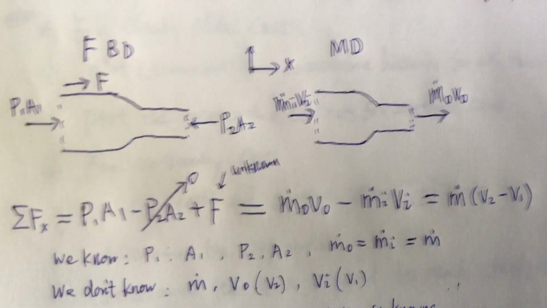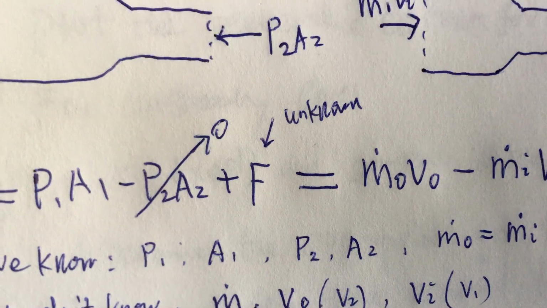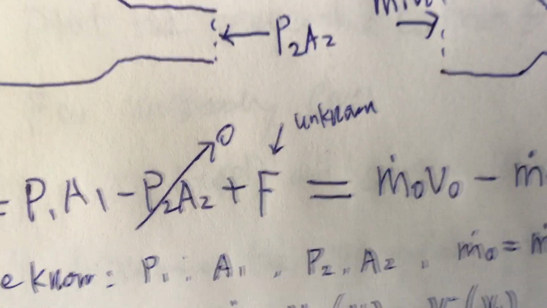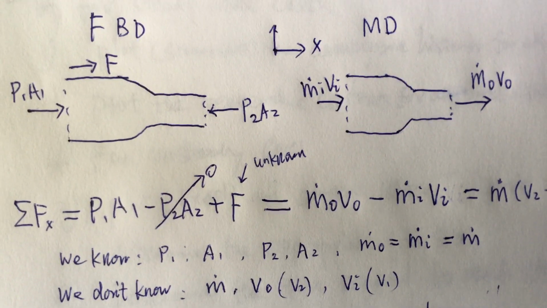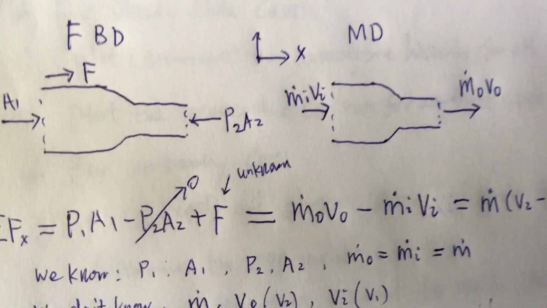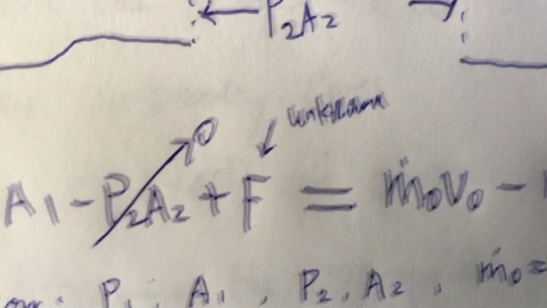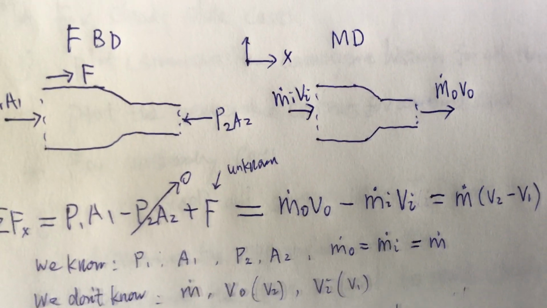Okay, so our goal is to solve for F. Our unknown is F, so it is in the equation, which is good. Our equation is correct. The selection of our equation is correct at least. So do we know everything else for solving F?